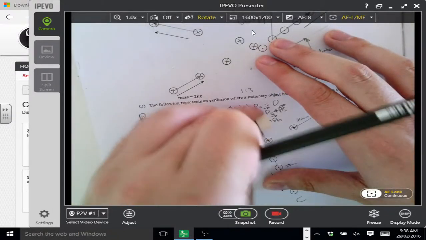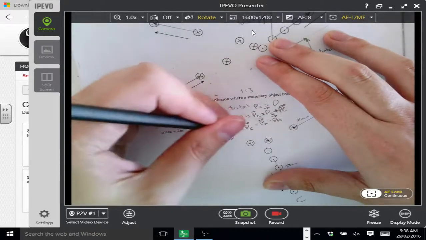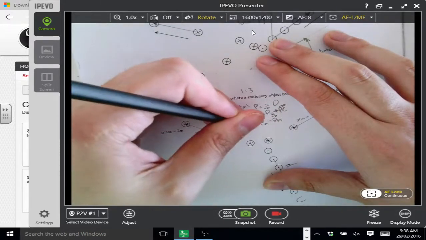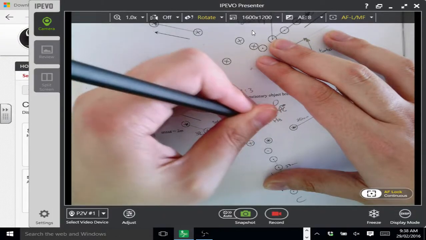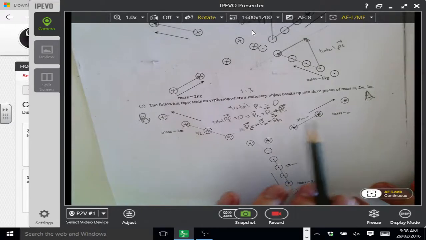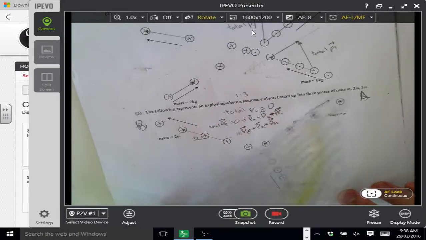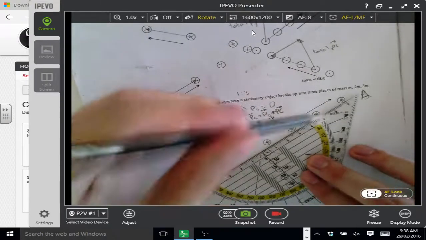I'm purely changing this just for the sake of drawing space, if nothing else. All right, so that's going to be positive PC equals minus PA minus PB. So if I draw A and B in the opposite directions and add them up, it should be equal to that vector. All right, so basically, now I've got A here.